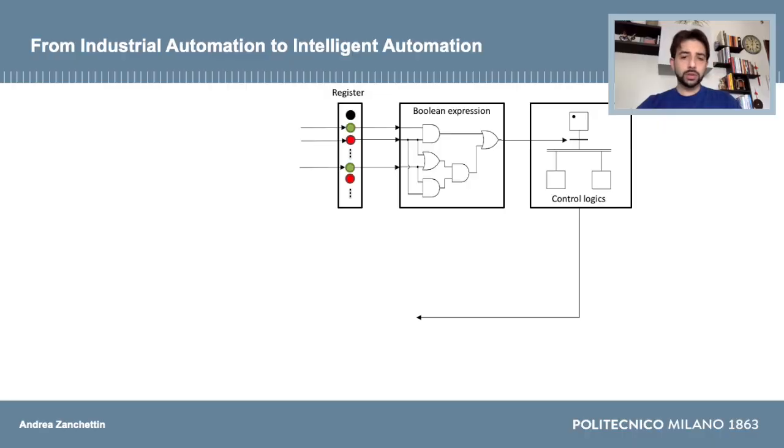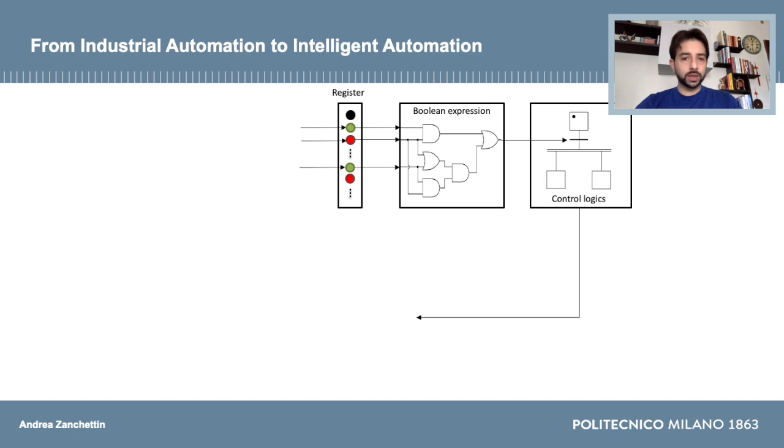In this picture, you see the typical architecture of an industrial automation solution. You have signals coming from the field, and those signals are stored in some registers.